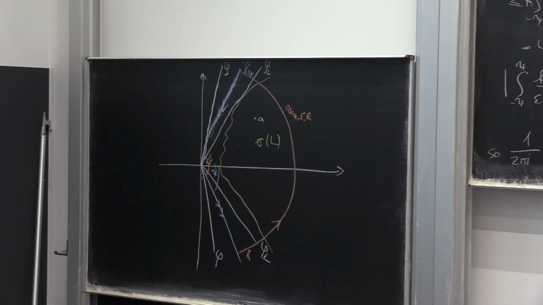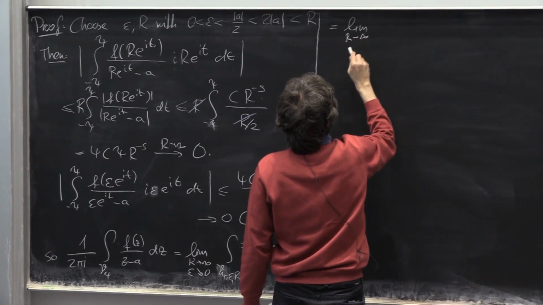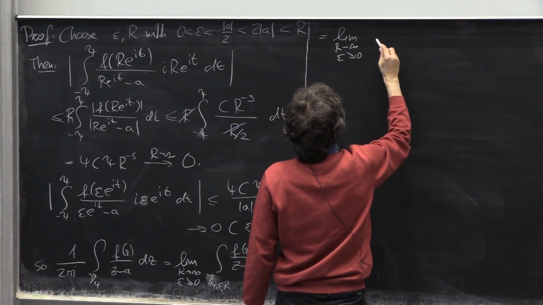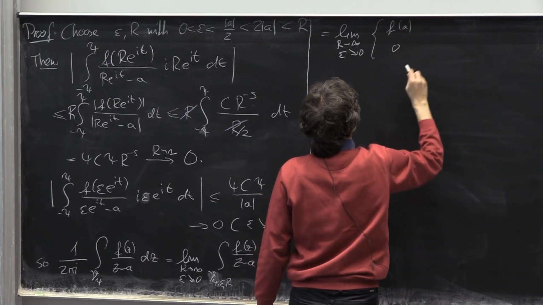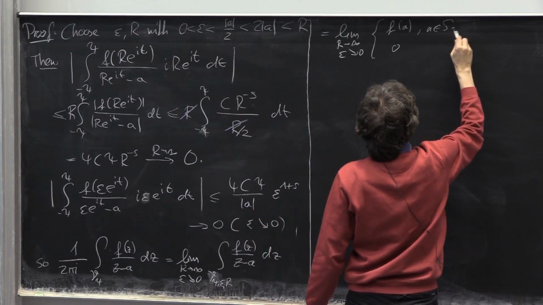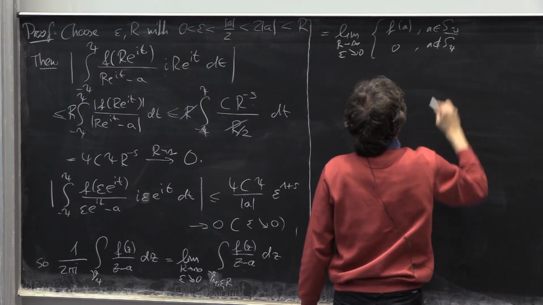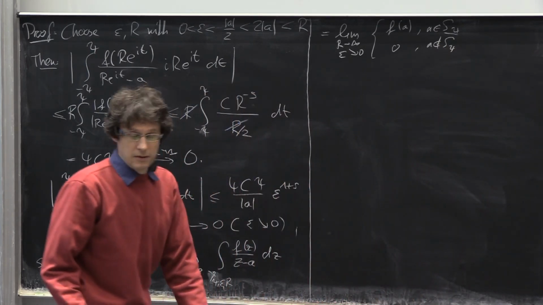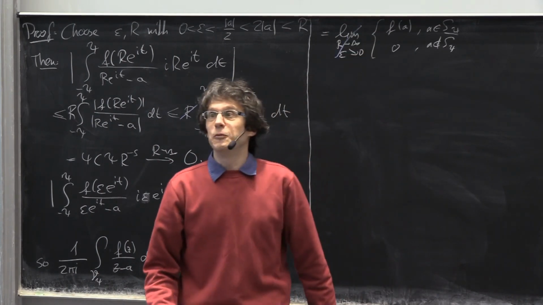So this is the limit for r going to infinity and epsilon dropping to 0 of either f of A if A is in S psi, or 0 if A is not in the closure of S psi. Okay, and we're done.